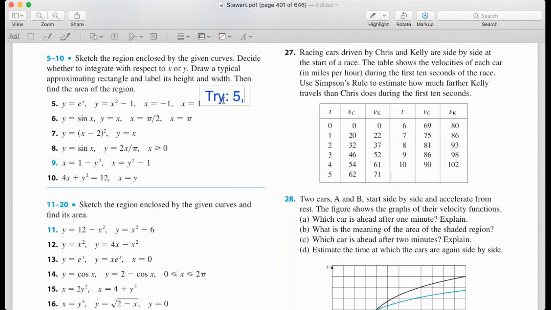Okay, 5. 5 is very similar to the example. And 9. Let's try these two, 5 and 9.